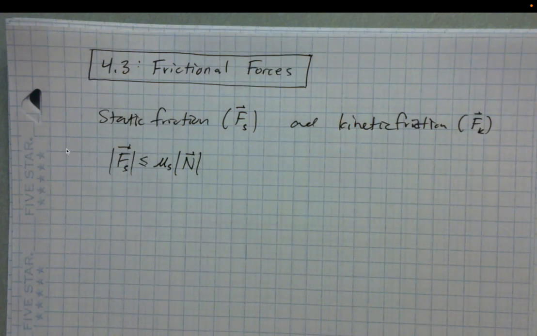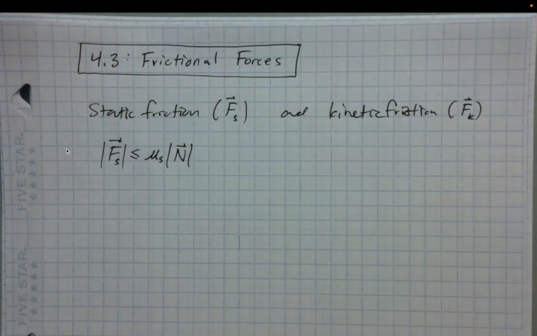It's very similar to the normal force in that respect. So as the weight of an object increases, the amount of normal force required to keep it in equilibrium vertically increases as well. Unlike the normal force, static friction has a limit, and it breaks down.